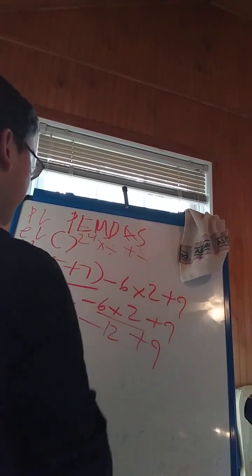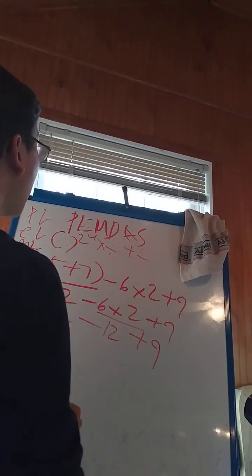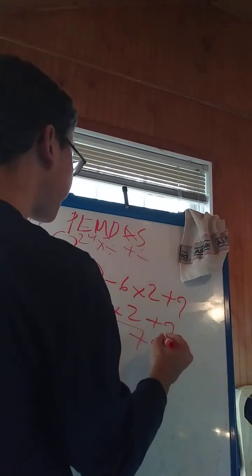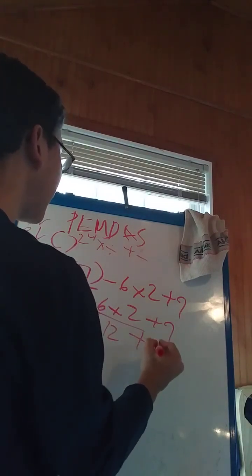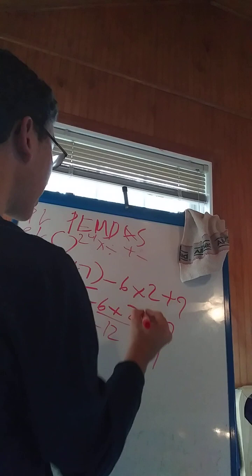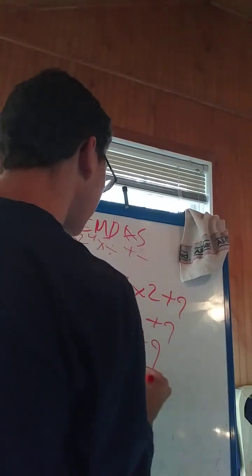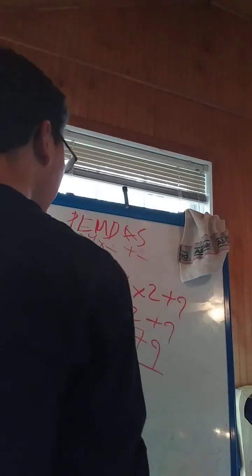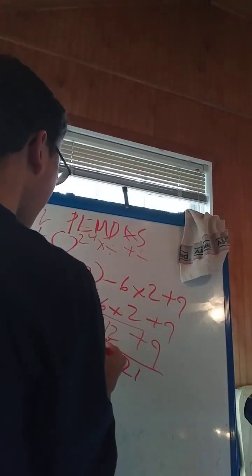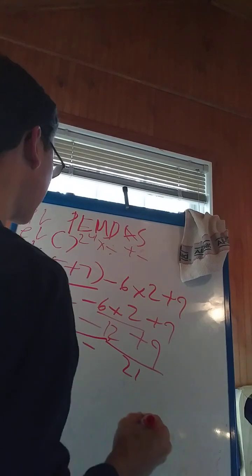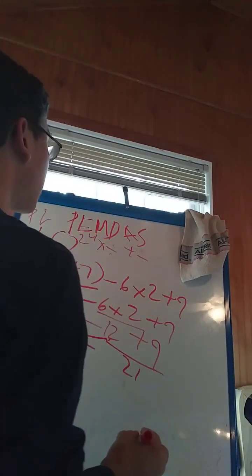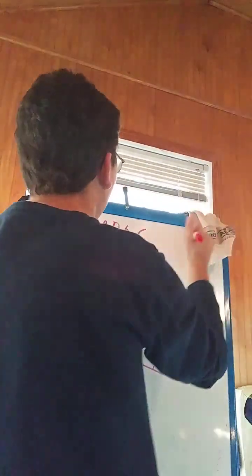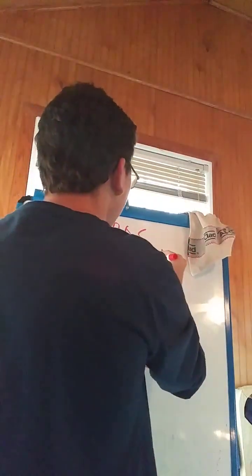What about adding and subtracting? Well, there's an addition problem, 12 plus 9. 12, 13, 14, 15, 16, 17, 18, 19, 20, 21. And then we drop down minus 12 here. And then 12 minus 21, that's how we do it.